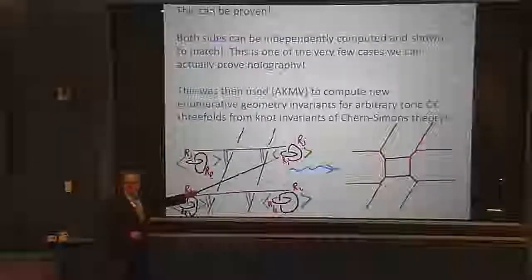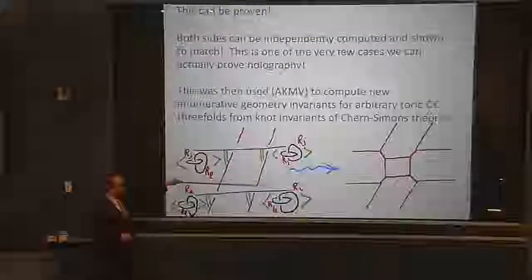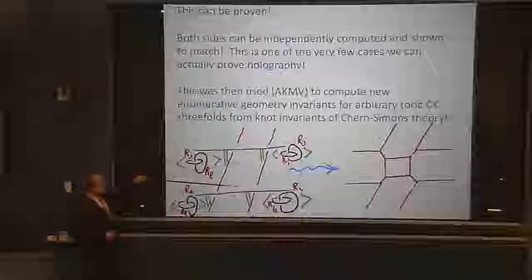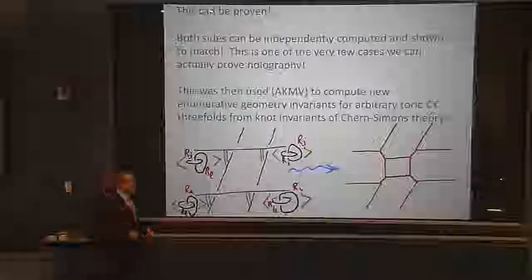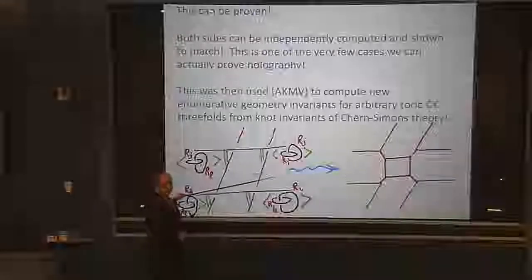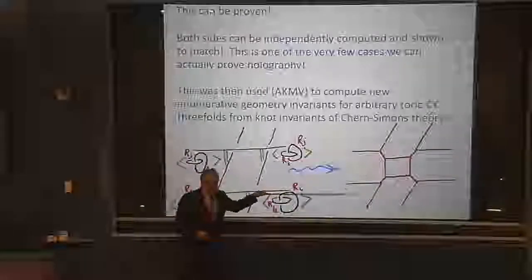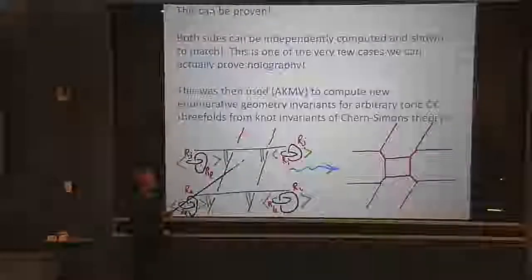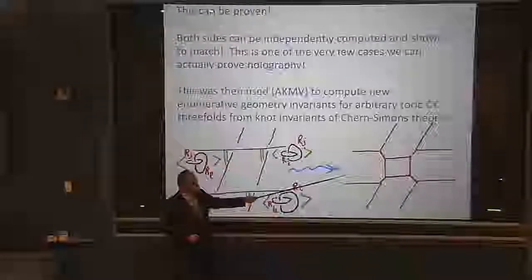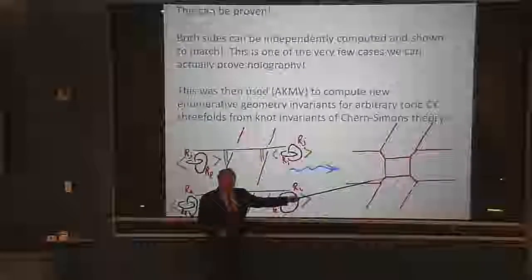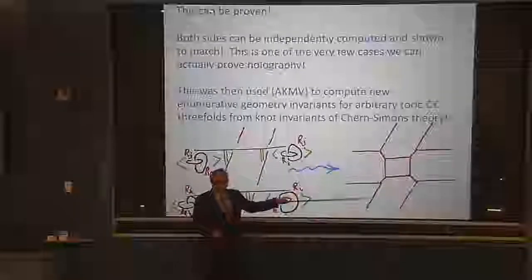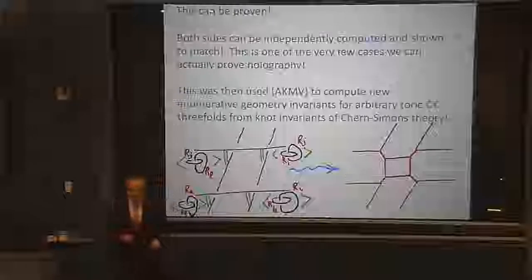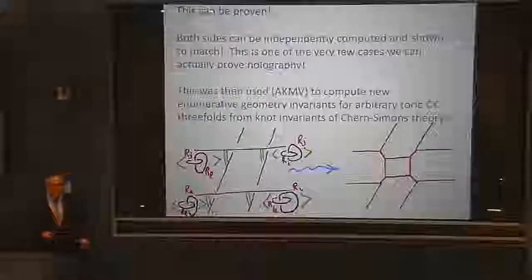You sum over all the representations, which are linked pairwise, with some exponential factors having to do with the size of the representation. Sum over all of them, and magically you get the answer for this one, which was unknown. And after this was done using Chern-Simons theory, it has been proven rigorously mathematically as well that this agrees with the answer you get if you compute the topological string, or what's called Gromov-Witten invariants. You get the same answer.